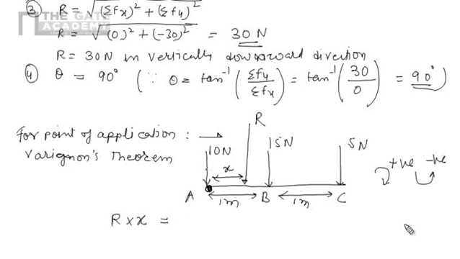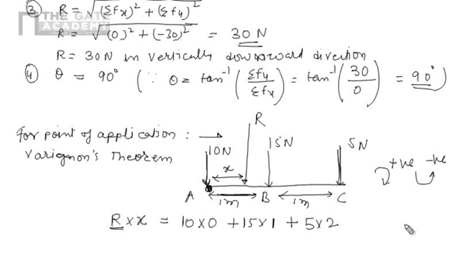This should equal the moment due to 10 at A, which will be 0 because the perpendicular distance is 0, plus the moment due to 15 at A, which is 15 into 1, clockwise positive, plus due to this 5 into 2, again in clockwise direction.